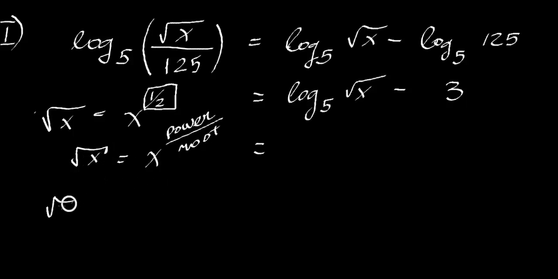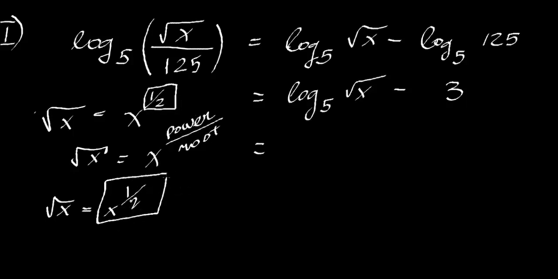So our power is 1. 1 divided by the root. This is a second root, correct? If there was a 3 here, then that's the cube root, so the root would be 3. But because there's nothing, we automatically know it's a second root. So x to 1 over 2. That's how I got my 1/2.